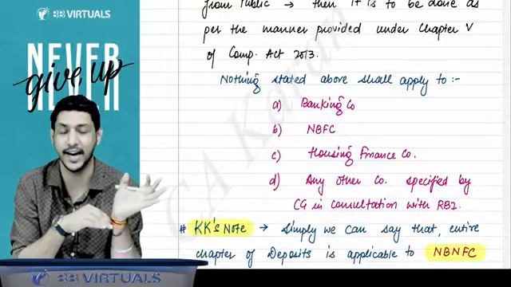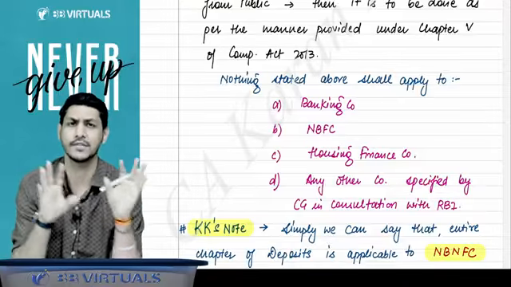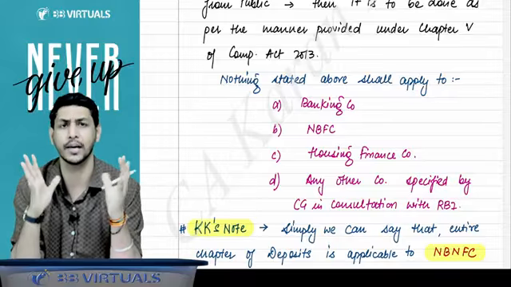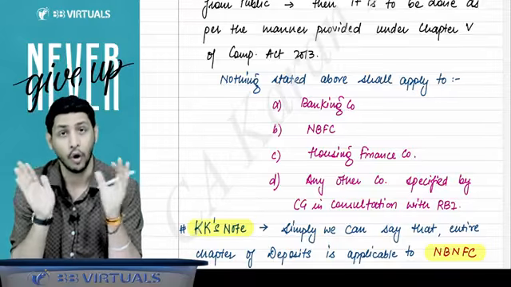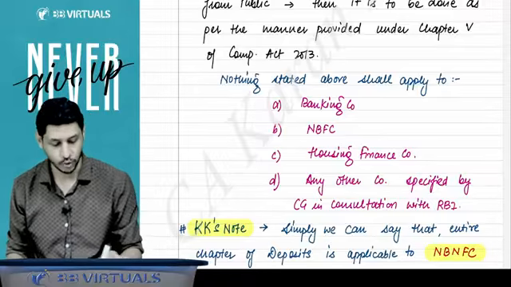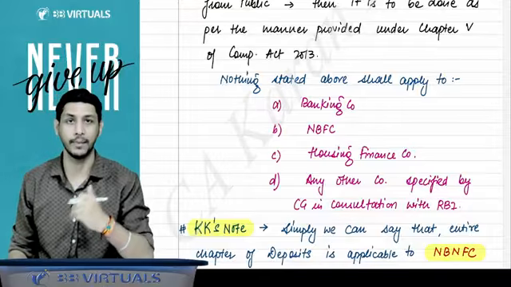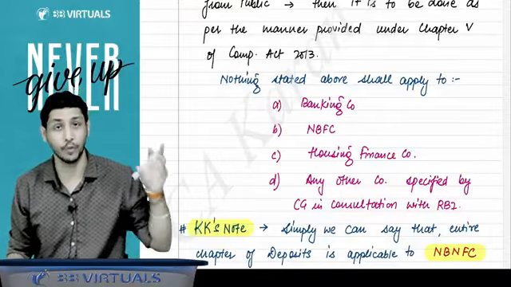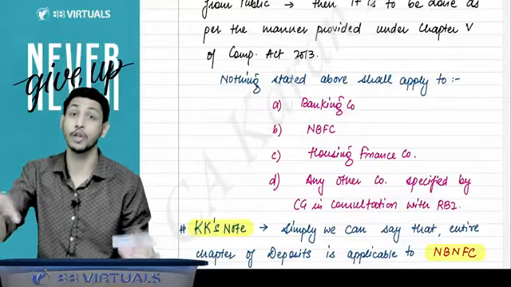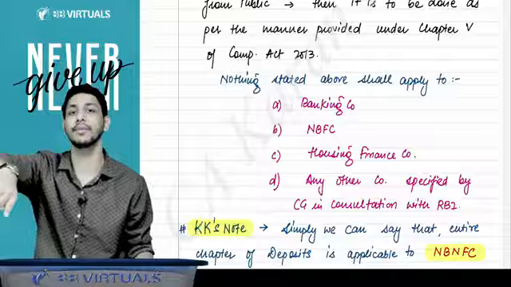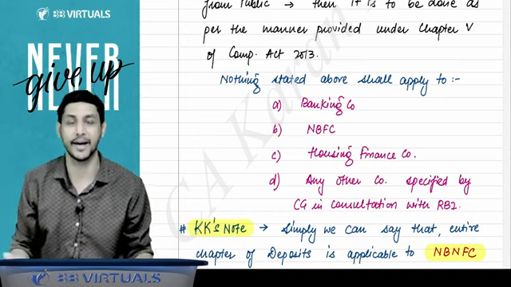So this law said that the banking company, NBFC, housing finance company or any other company which the CG may specify, on all those companies these rules will not be applicable. That means when they accept deposits from the public, they need not fulfill the provisions given under this chapter. Although it is a banking company, the Companies Act will be applicable to it. For example, SBI is a banking company.